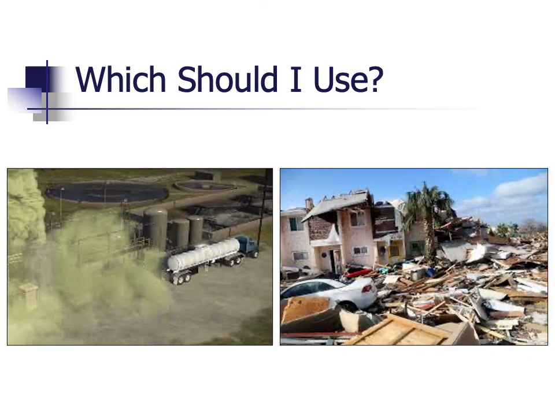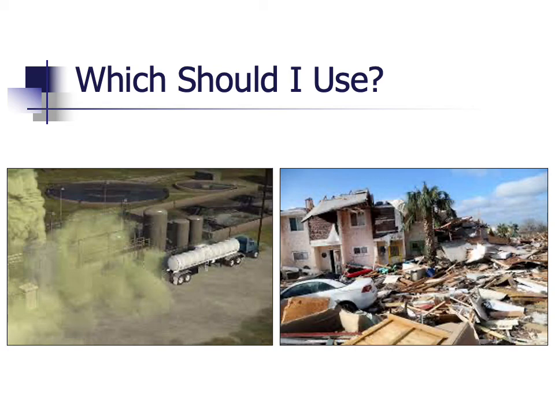So we've gone through each model, the traditional model and the professional model, and this brings up a very important question. Well, which one should I use? Well, in reality, disasters will have elements of both of these models, but let me give you two examples where maybe it's more clear-cut.